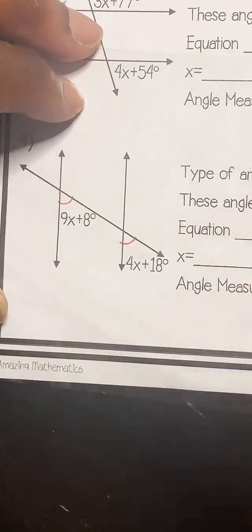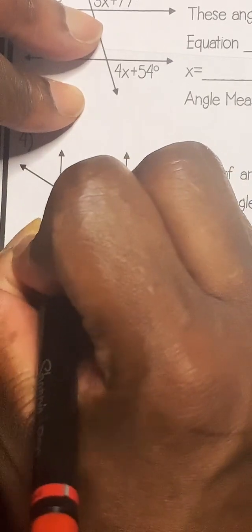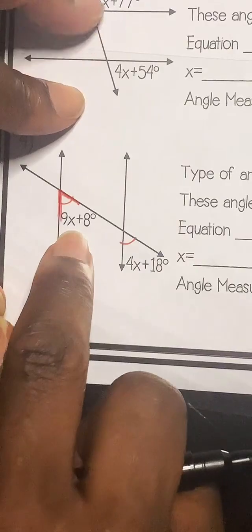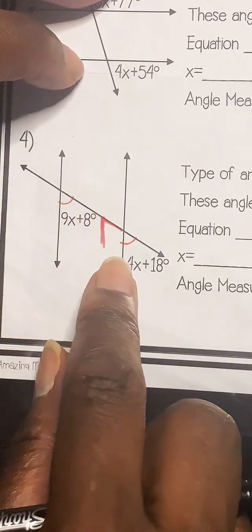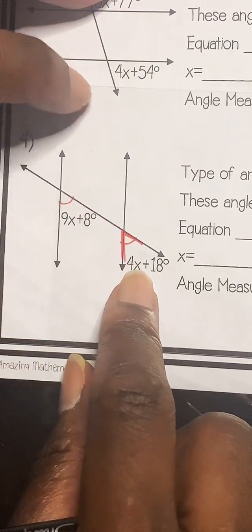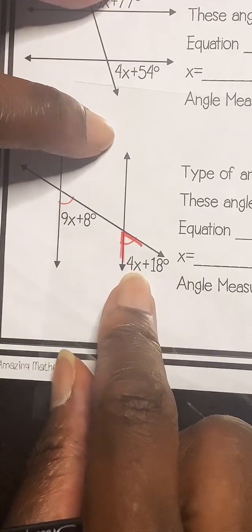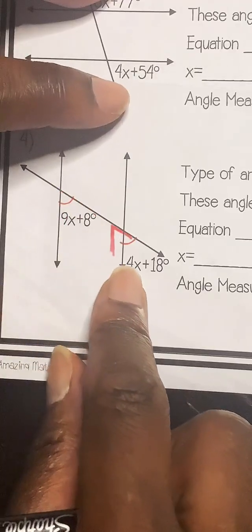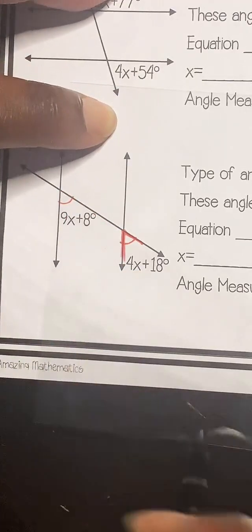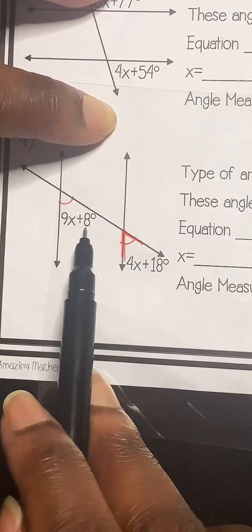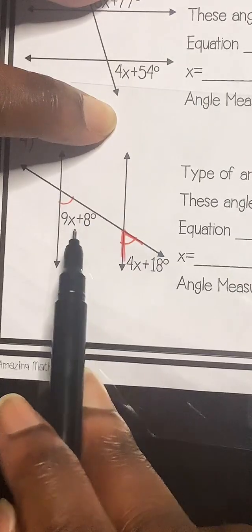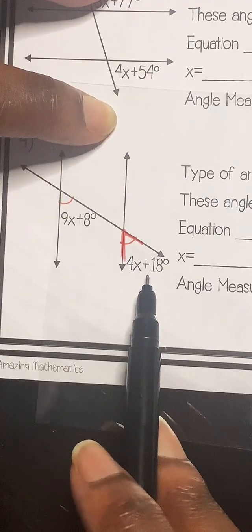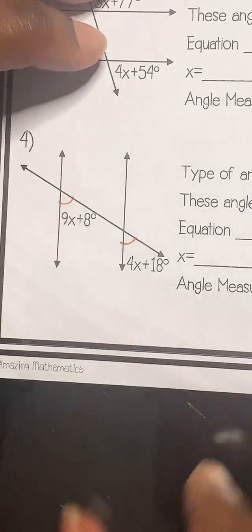So if we take a look, if I trace this angle here and I slide down the transversal, it matches up with our other angle. Okay, so from here, sliding on down here. So that means this 9x plus 8, whatever that measures, is going to equal the same thing as the 4x plus 18.